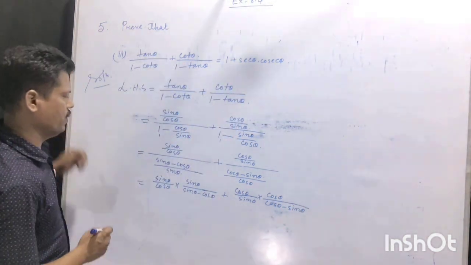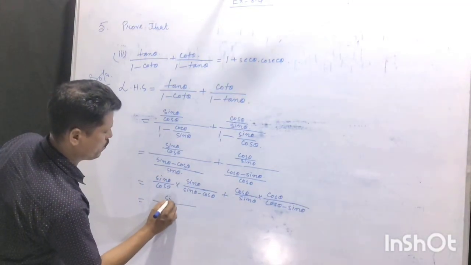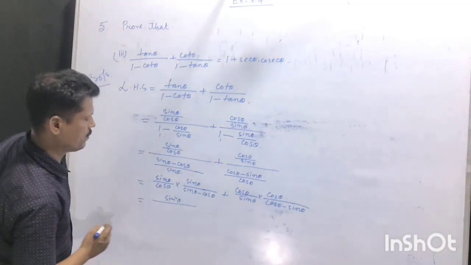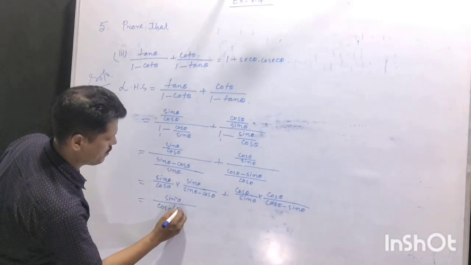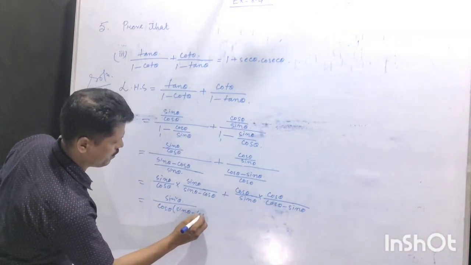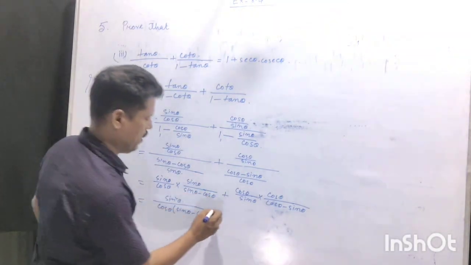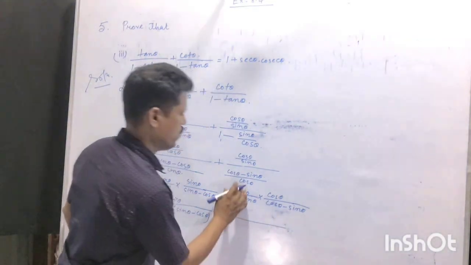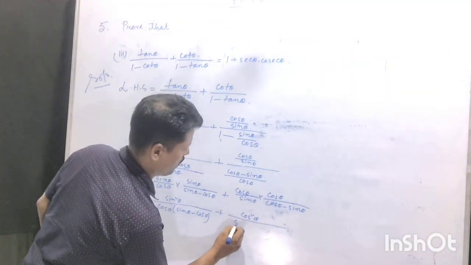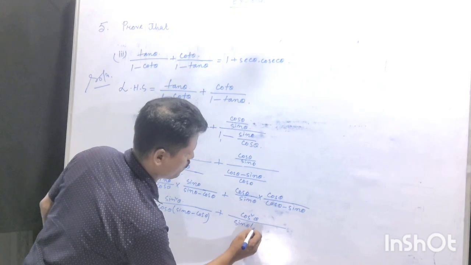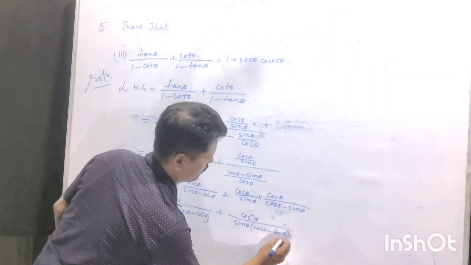So here sin theta into sin theta is sin square theta, over cos theta into (sin theta minus cos theta), plus cos theta into cos theta means cos square theta, and the denominator part being sin theta into (cos theta minus sin theta).